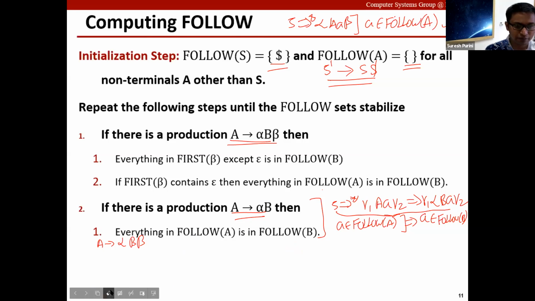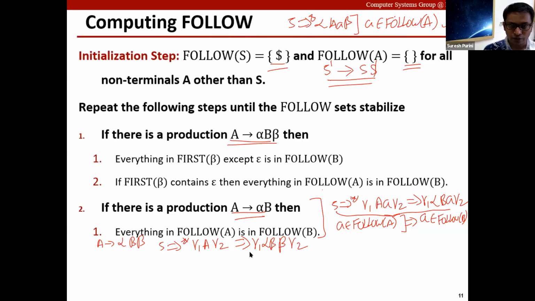This rule is fairly simple actually. Let's start again. So we have the substitution rule A goes to alpha B beta. So we start from S. In 0 or more steps, we generate an intermediate form like this, gamma 1, A, gamma 2. And then we replace this A with alpha B beta, gamma 2.